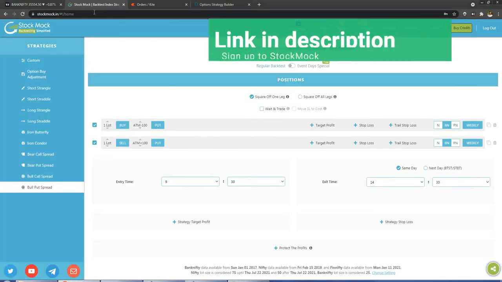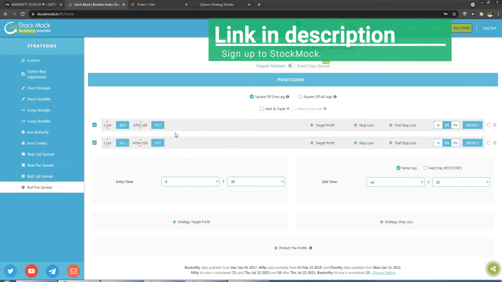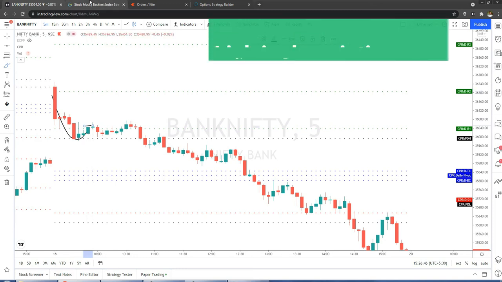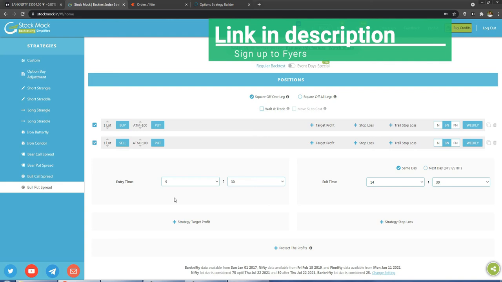So let's see how it works. I will go to Stock Mock and back test it and show you as well. On 18th, after 9:50 I am taking a bullish view, so my entry time would be 9:55. After seeing this candle I am going for a bull put spread. I have selected a bull put spread here.